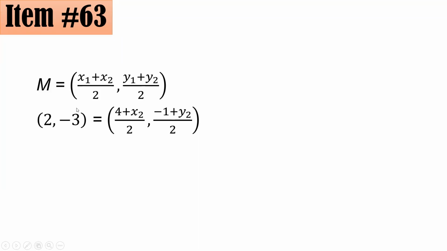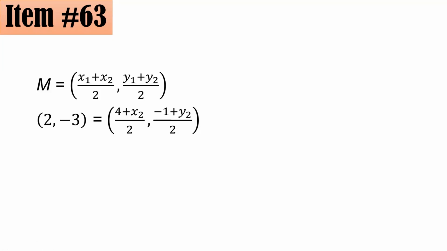I represented the other endpoint with coordinates x sub 2, y sub 2. Kanina kasi given yung 4, -1, that's why yung 4 yung x sub 1, yung -1 yung y sub 1. So that's why po you have 4 plus x sub 2 all over 2, comma, -1 plus y sub 2 all over 2.